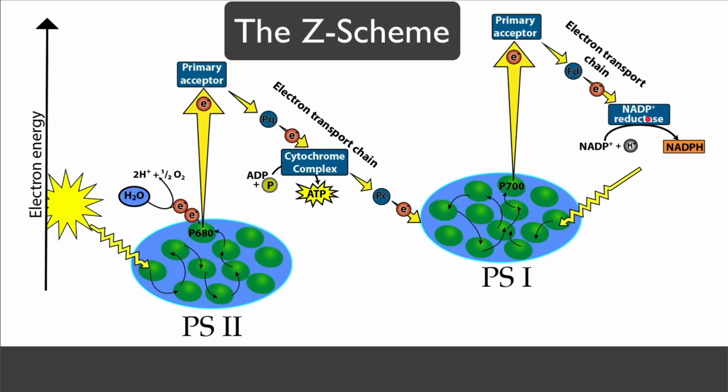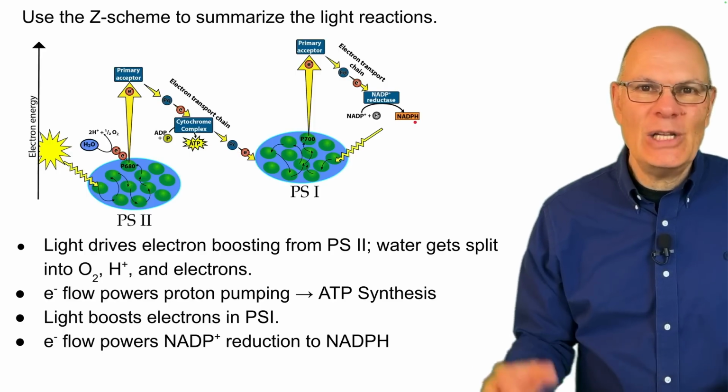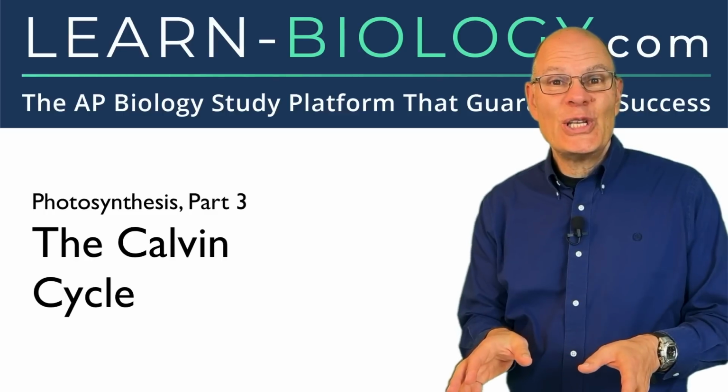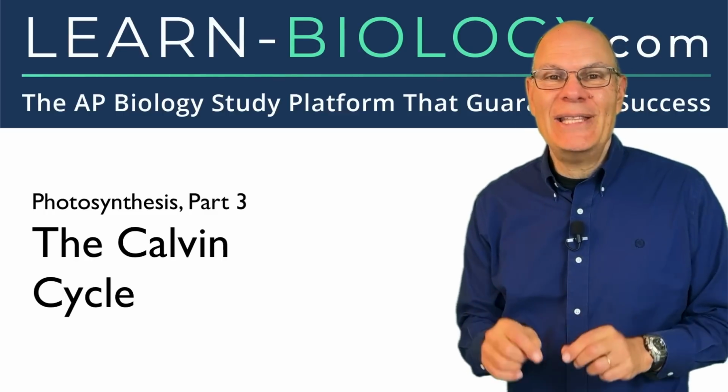It flows to the enzyme NADP plus reductase, and NADP plus reductase creates NADPH from NADP plus and a proton. So we have the two products of the light reactions, ATP and NADPH, beautifully explained by the Z-scheme.